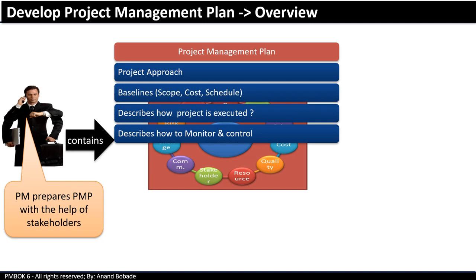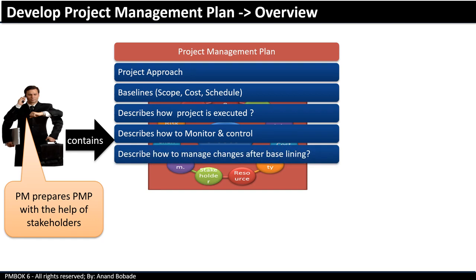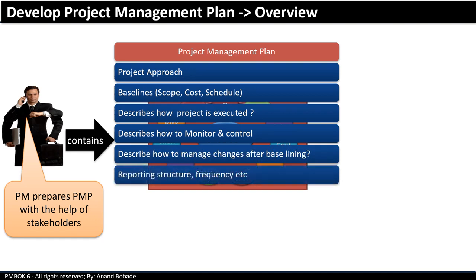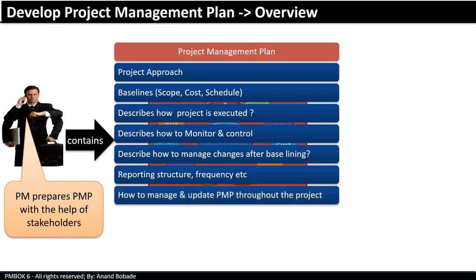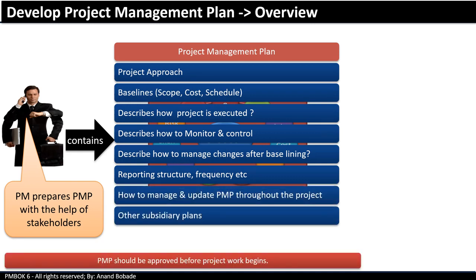It also provides links to all subsidiary plans, or on a smaller project, all subsidiary plans might be contained in the same document. It describes how to manage changes, reporting structure, reporting frequency, and documents key assumptions and decisions, and this is used for stakeholder communication and engagement. Please remember, the project management plan should be approved before project work begins.